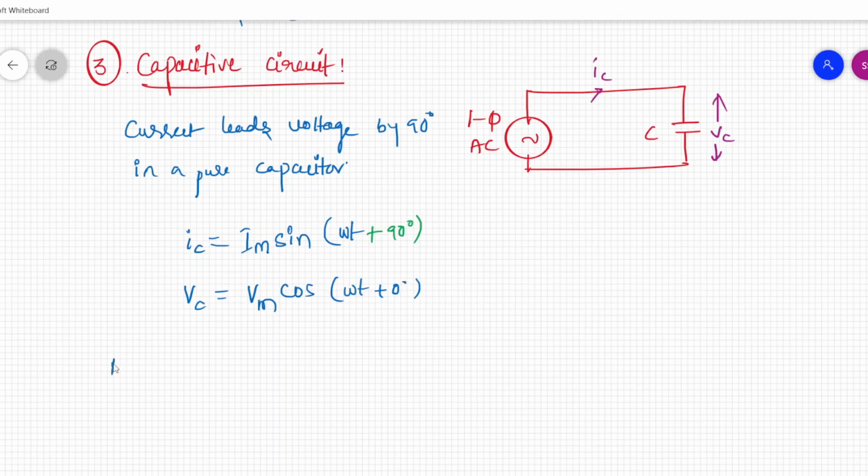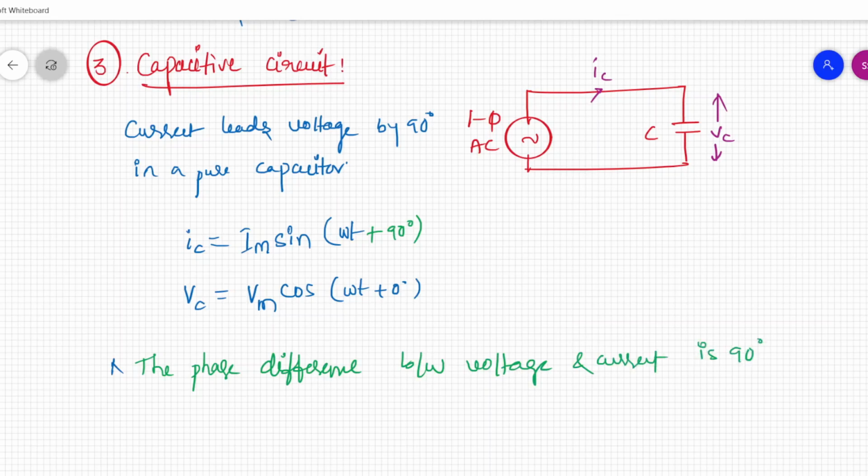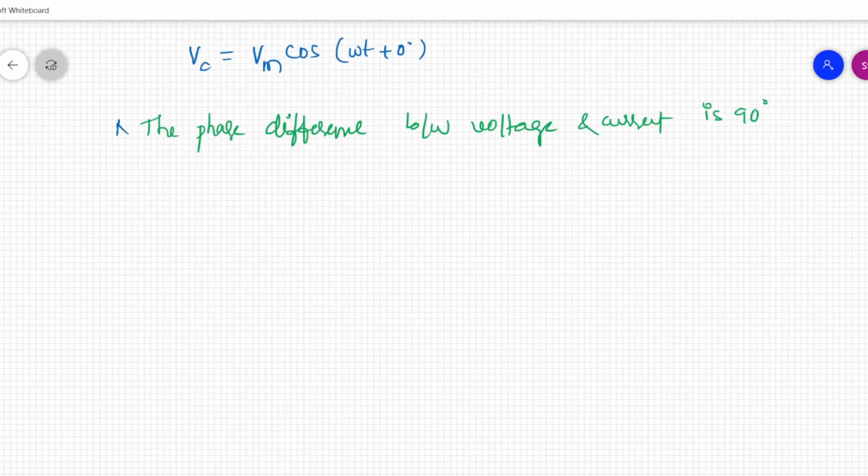So the phase difference between voltage and current is 90 degrees here. Let us draw the phasors here. If the voltage is this one, VC, then IC will be leading by 90 degrees.